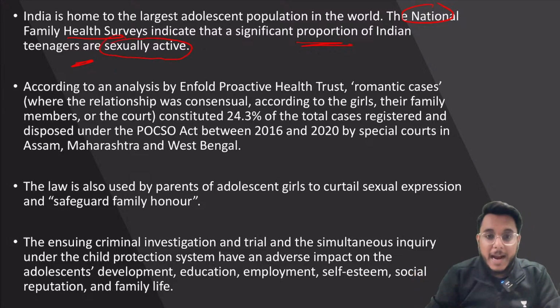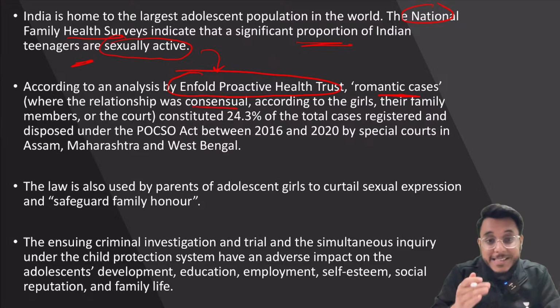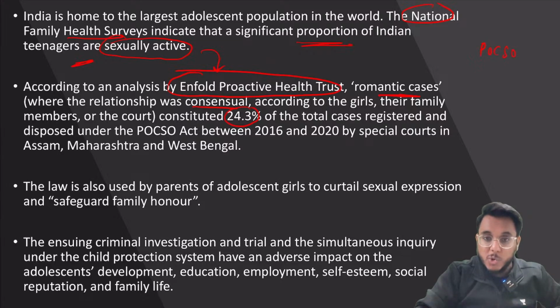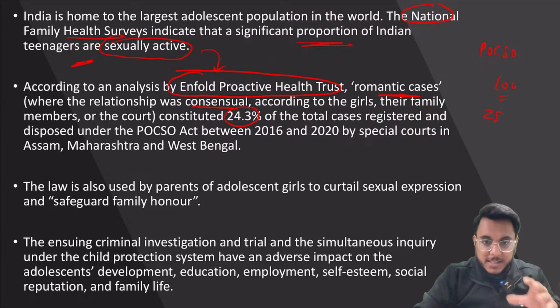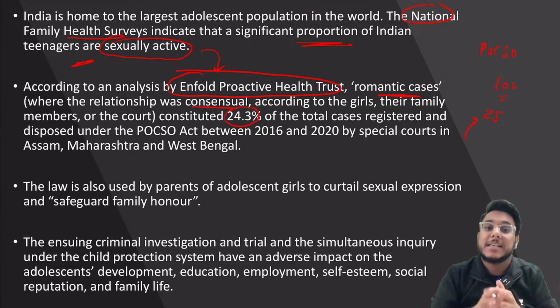At the same time, another analysis report by the Enfold Proactive Health Trust says that romantic cases, where consensual sexual relations were made, constitute around 24.3% of the total cases registered under the POCSO Act. So if 100 cases are registered under the POCSO, then around 25 cases, 24.3%, were those where both the girl and the boy had consent. That is something that is happening.